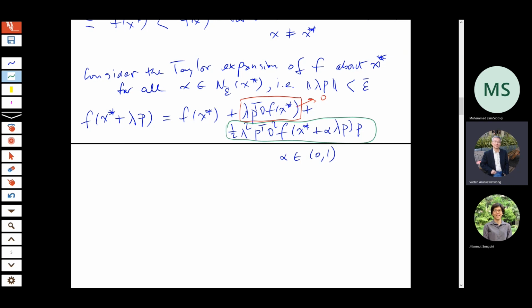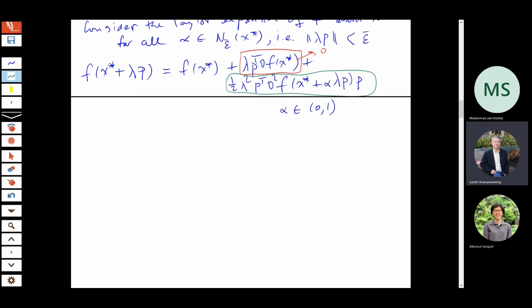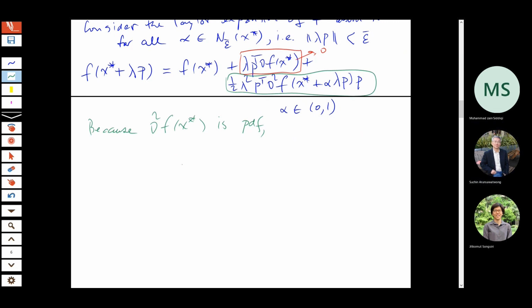Now you see that because the Hessian matrix is positive definite, then p transpose times the Hessian of f at x star times p is positive, right?